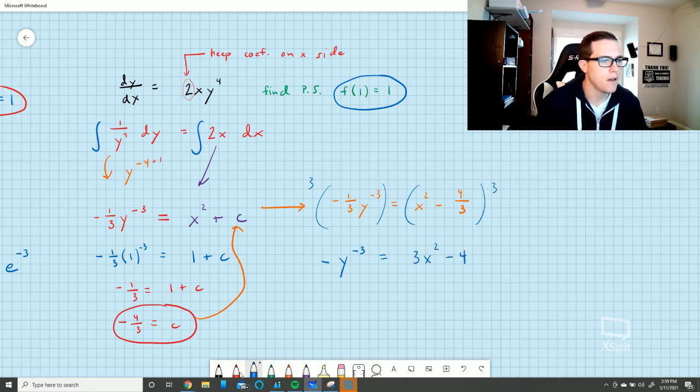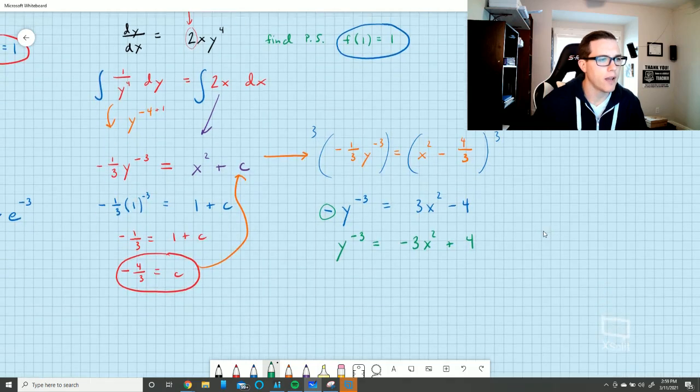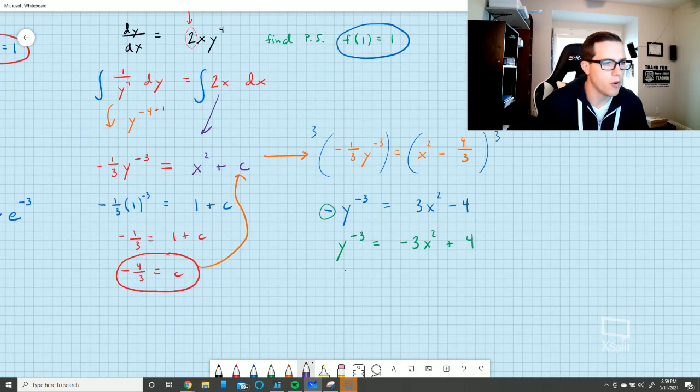Cool. Next, I see a negative here. I'm going to immediately fix that by flipping the signs of everything. So y to the negative 3 equals negative 3x squared plus 4. Now, how on earth do I get this negative 3 exponent off of y? Well, I'm going to rewrite this as 1 over y cubed equals negative 3x squared plus 4.